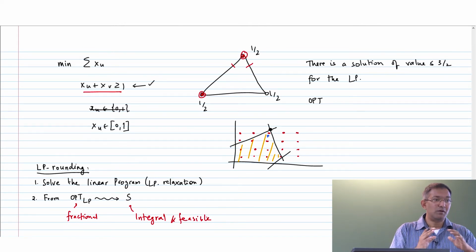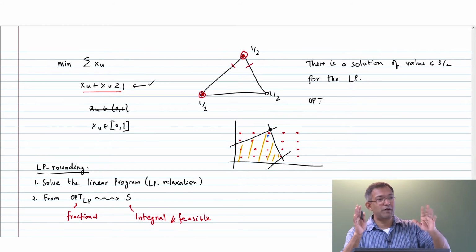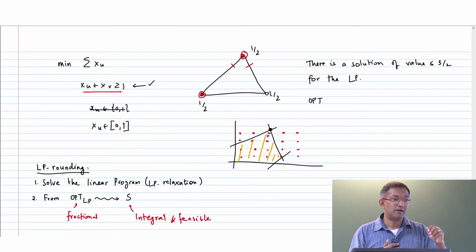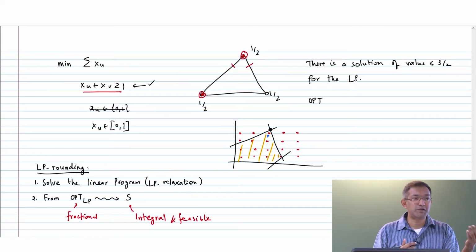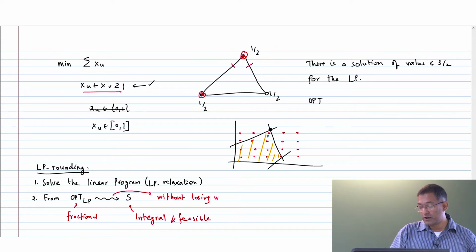I mean, it is saying, well, you should take this vertex with x value at least, let us say, 3 by 4 or at least 0.9. That means that maybe it is a good vertex to pick, right. So, you want to use the information from the LP to produce an integer solution. But you want to do this without losing much.